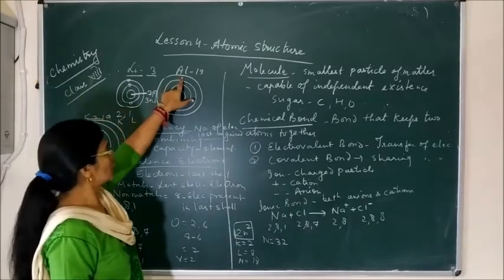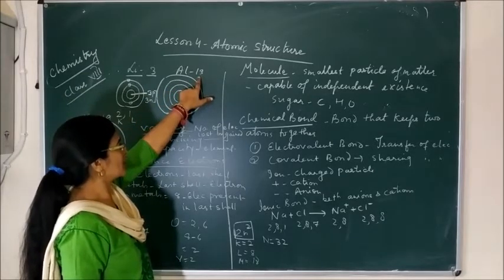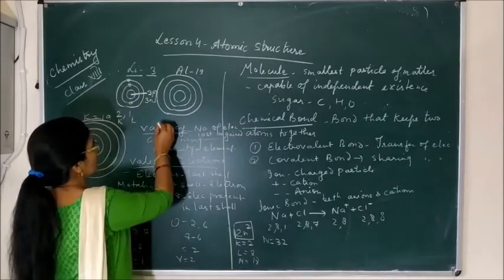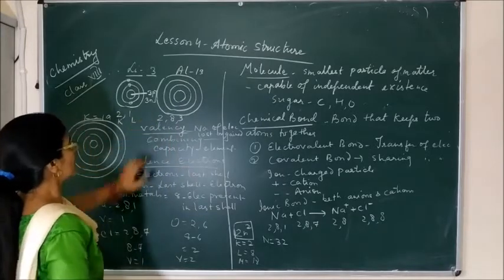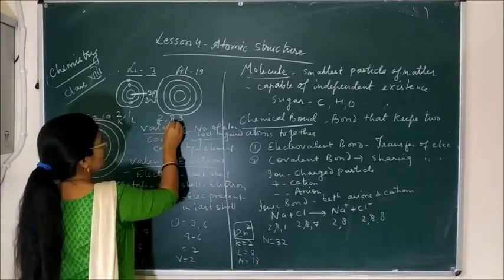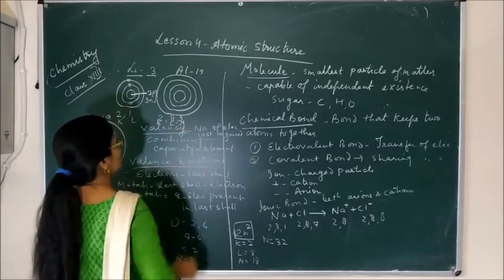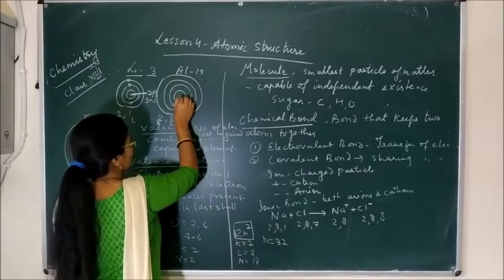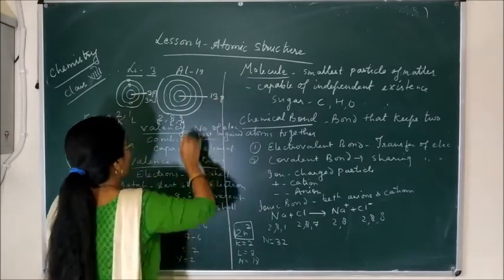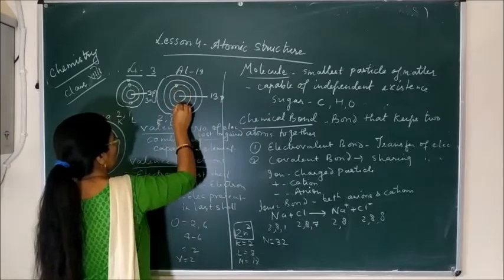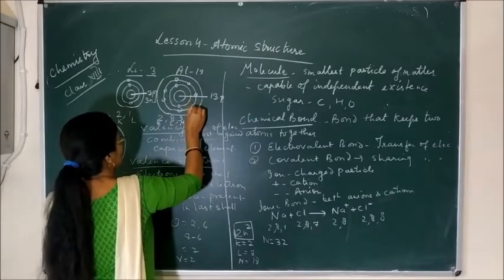In the same way, we can draw the structure of the aluminium atom. The atomic number of aluminium is 13, so its electronic configuration will be 2, 8, 3. That means the first shell will occupy 2 electrons, the second shell L will occupy 8 electrons, and the M shell will occupy 3 electrons. So we can draw 13 protons in the nucleus, 2 electrons in the first shell, 8 electrons in the second shell, and 3 electrons in the third shell.